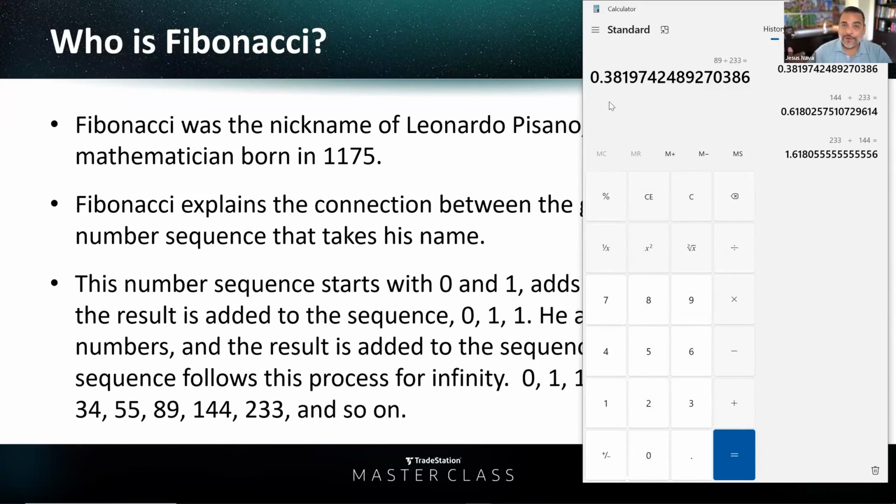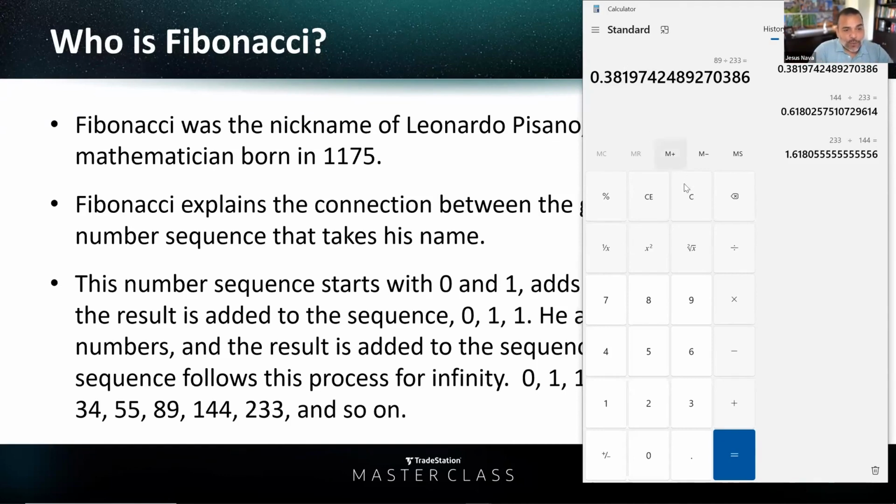If you are familiar with the Fibonacci retracement lines, you know that we have one at 38%, which is exactly this number. So we have an understanding of where these levels come from, and it's just a relationship between the numbers of the Fibonacci sequence.